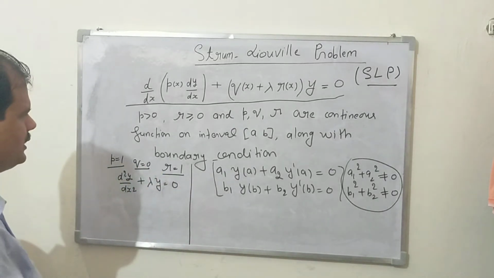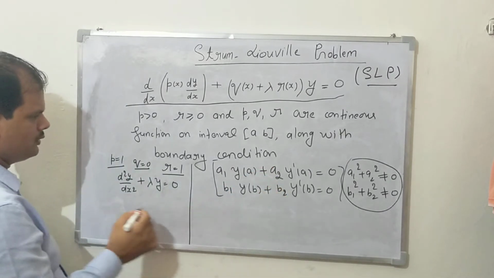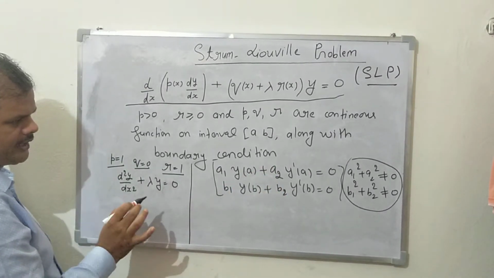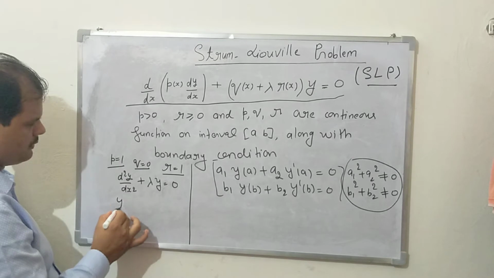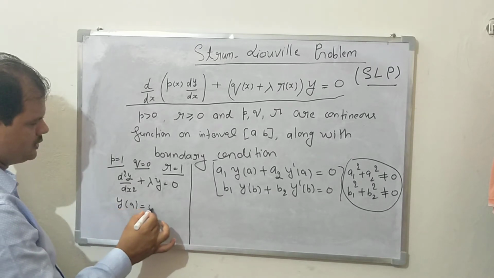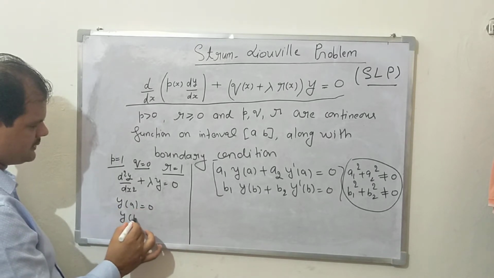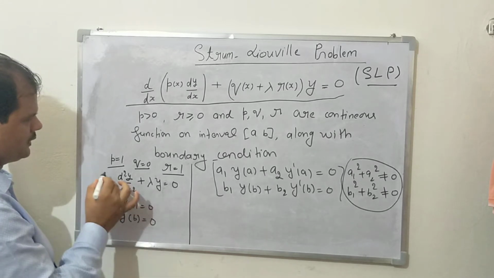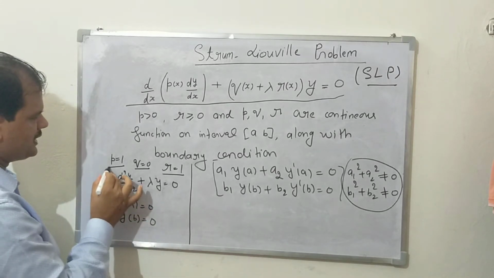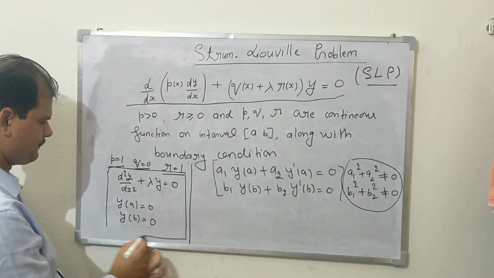And for the boundary conditions, let us take a2 and b2 as 0. So we'll have y(a) equal to 0 and y'(b) equal to 0. So this is one simplest form of SLP.